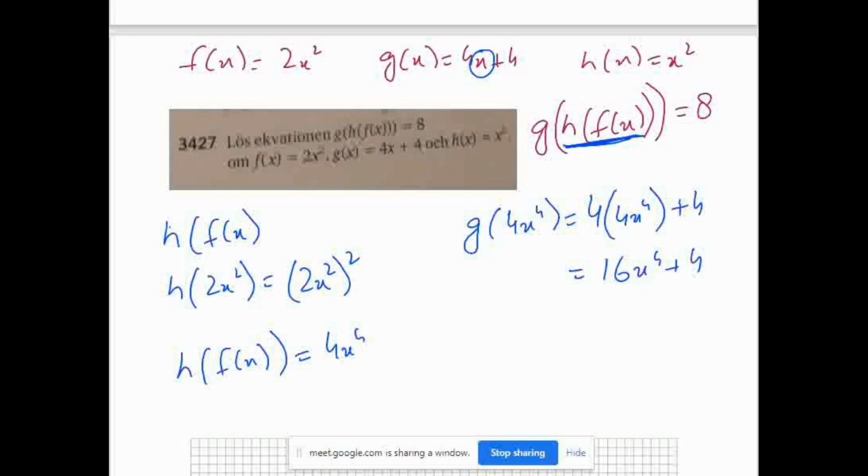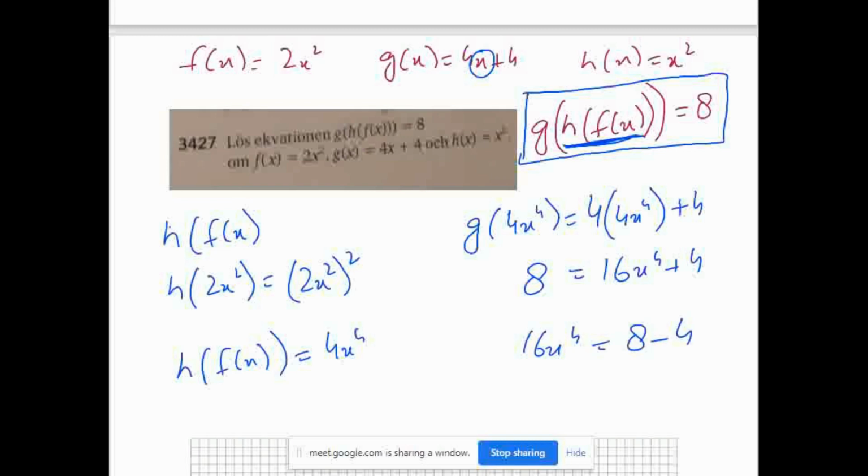Is it? And as we know that this whole is equals to 8, now if we simplify it as it is given over here, that this complete is equals to 8. So this means that 16x^4 will be equals to 8 minus 4. Is it? And then x^4 will be equals to 4 by 16.